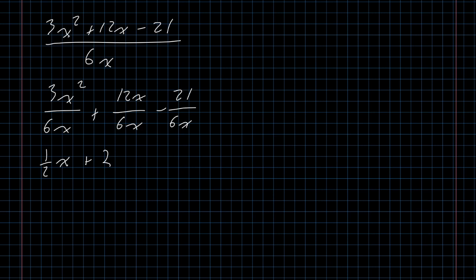I don't bother writing down 1. 21 over 6 is a fraction that reduces. It's going to become 7 over 2. And then we have that factor of x, but it's hanging out in the denominator. Cleaning up a little bit, I might write this as x over 2 plus 2 minus 7 over 2x.